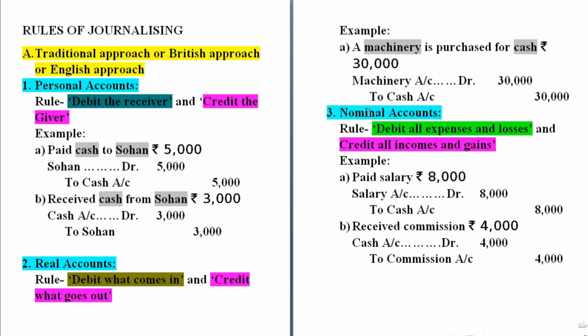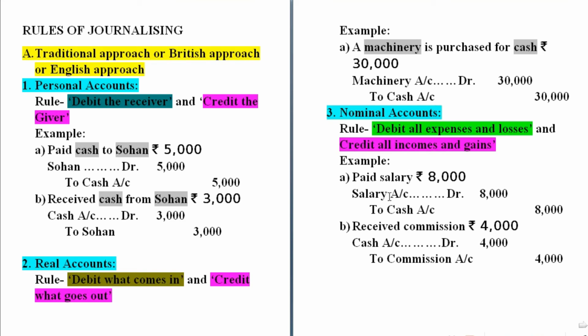So what is a nominal account? It includes all the expenses, losses, incomes and gains. The rule says debit all the expenses and losses, credit all the incomes and gains. Okay, now let us look into the example.